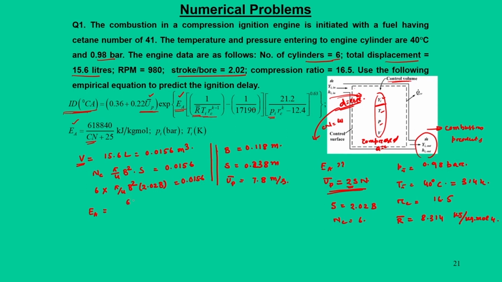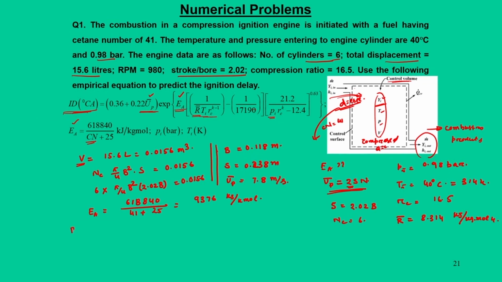This number we can find as 618,840 divided by Cetane number plus 25, where Cetane number is 41. This empirical relation gives 9376 kilojoule per kilomole. So in this equation all the numbers are known.